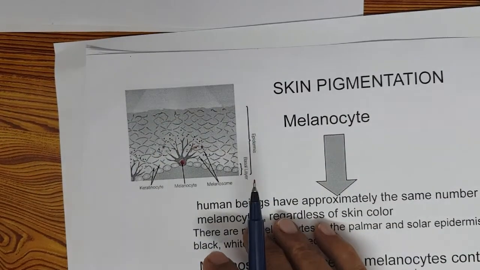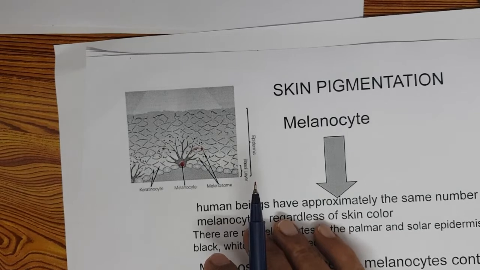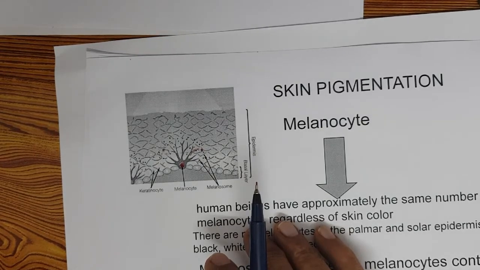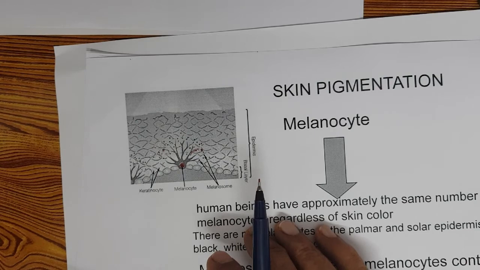Sometimes you expose yourself to sunlight today, and on the 8th or 10th day you get a certain tan. On the 8th or 10th day, you feel the skin is much darker, right?